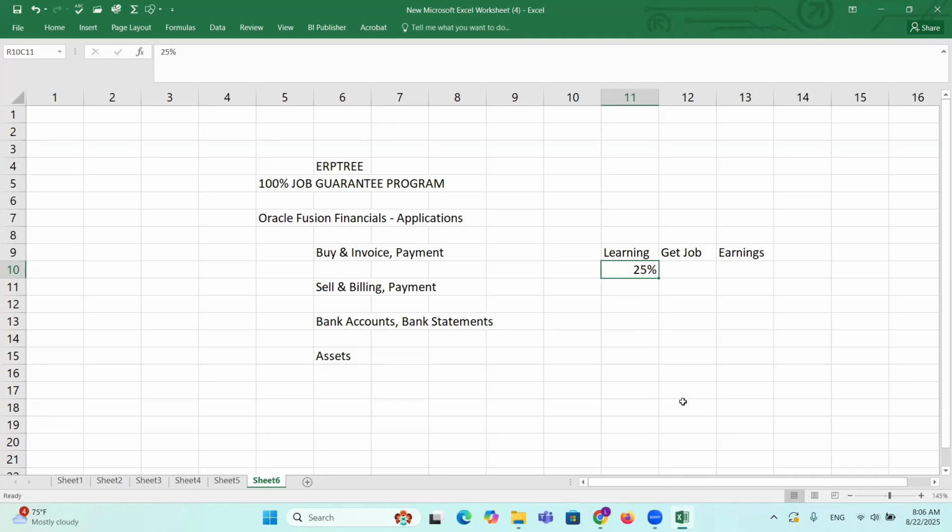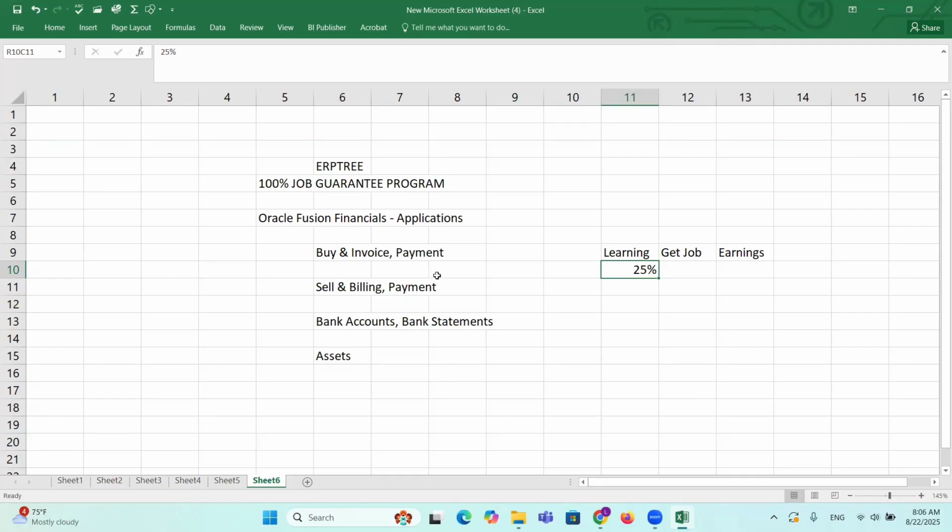If you are going to get a job as a fresher, in any technology or any course, 20-25% learning is enough.